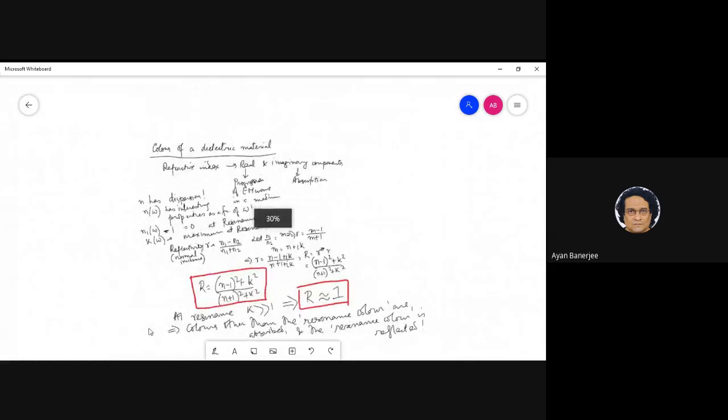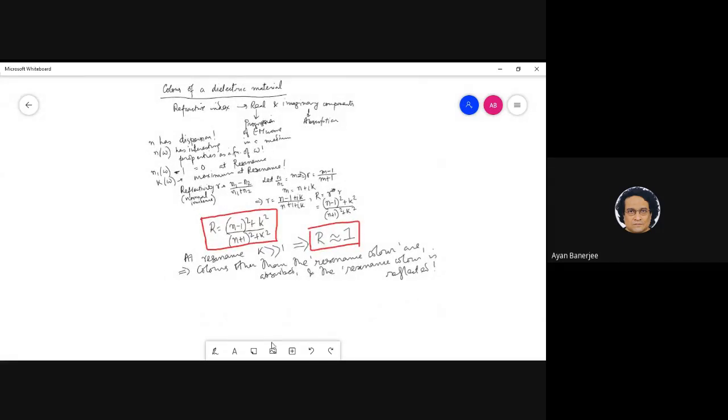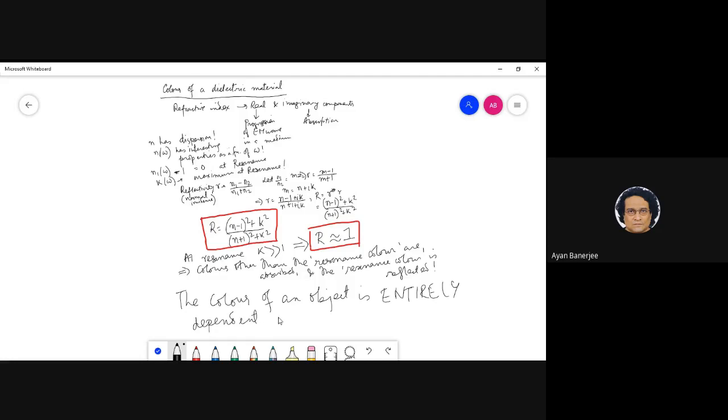The basic takeaway is that the color of an object is entirely dependent on the wavelength of illumination, right?